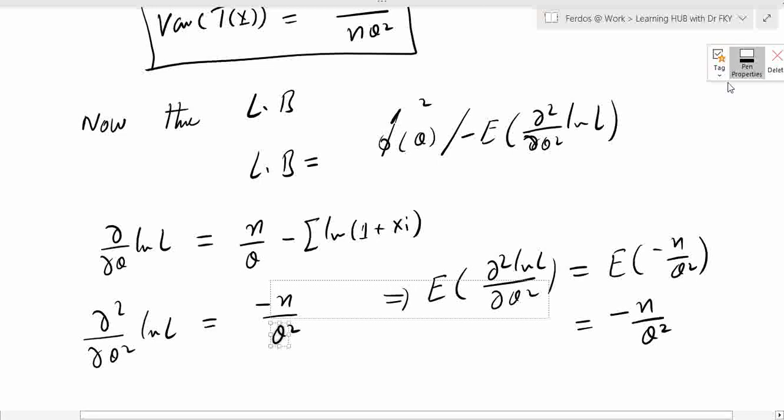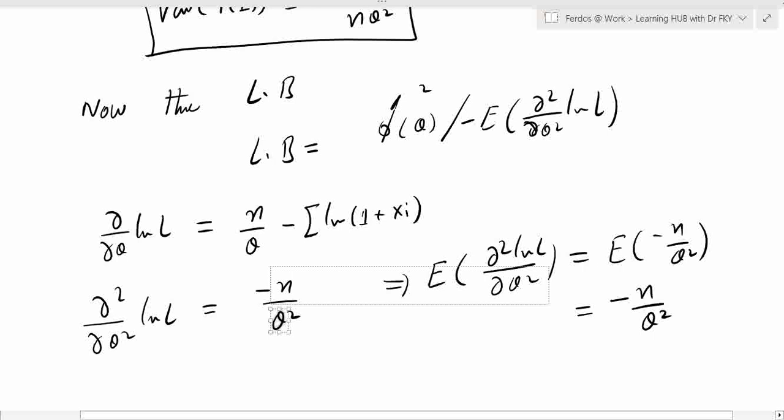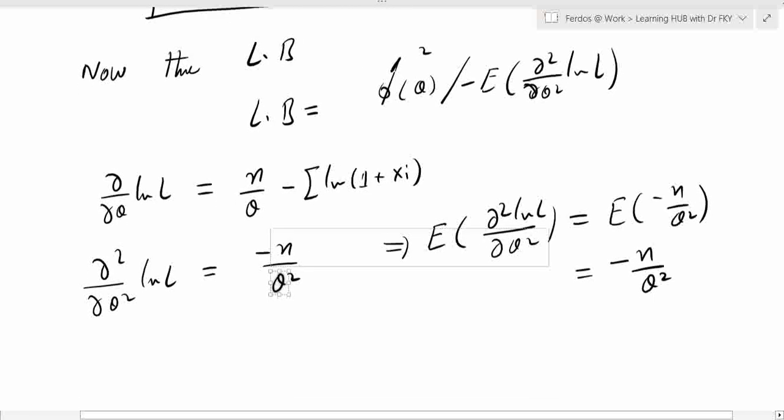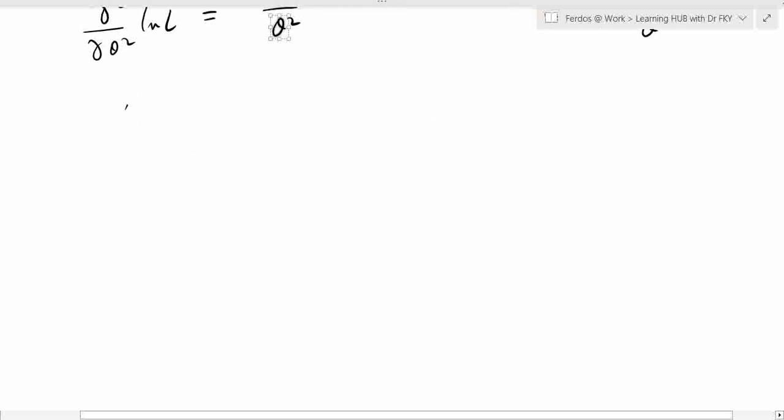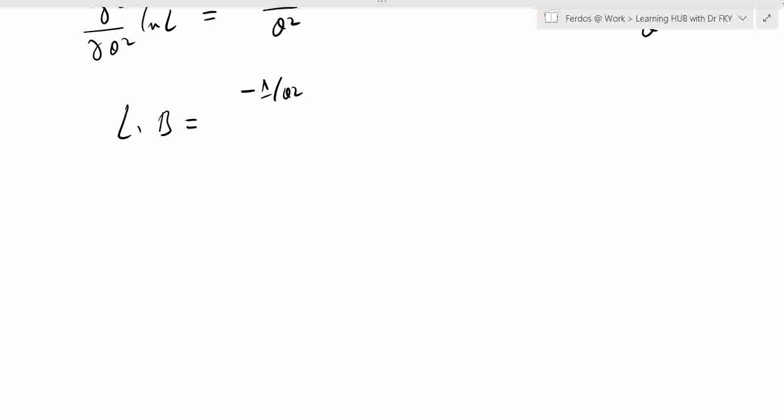So now you can put these values in this formula. So the lower bound is equal to minus 1 divided by theta square, whole square, divided by minus of minus n divided by theta square.